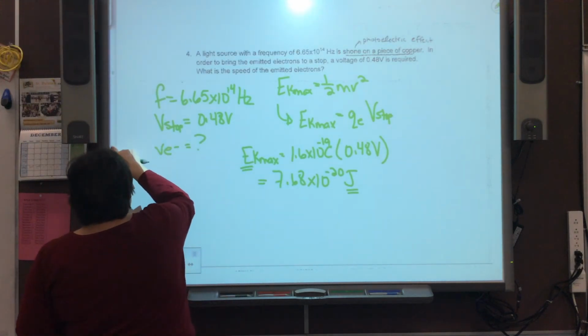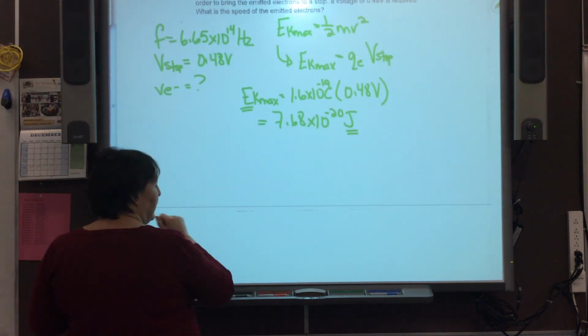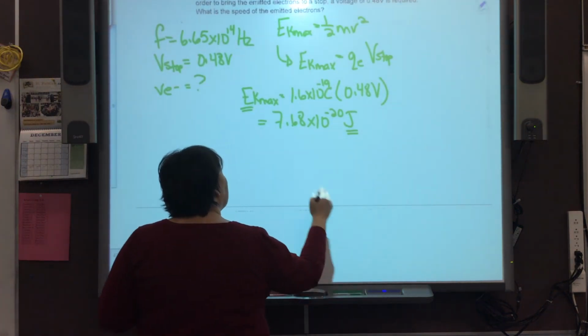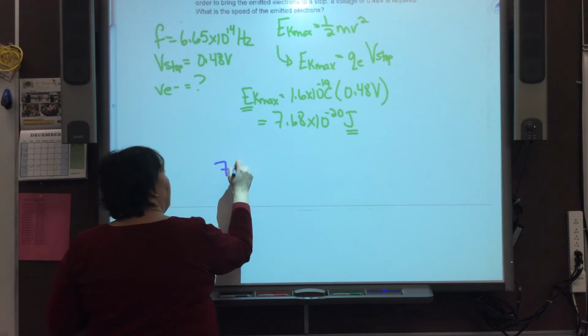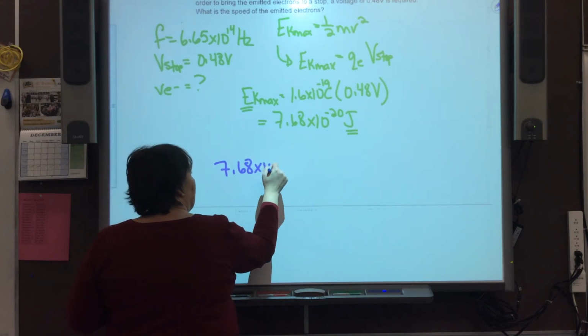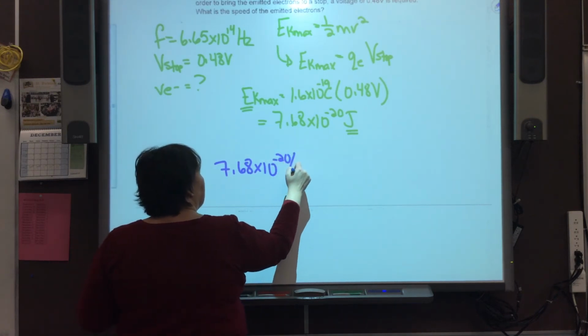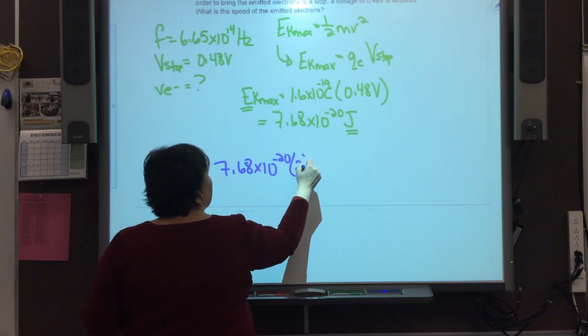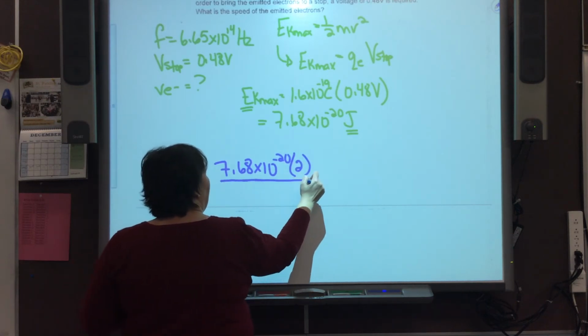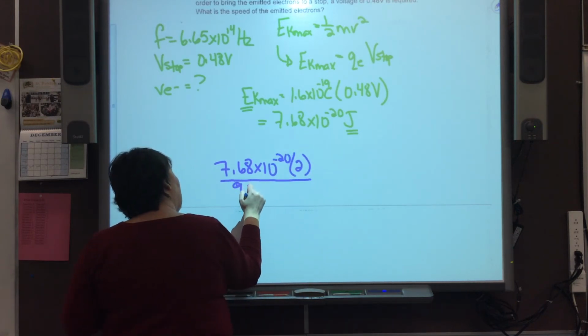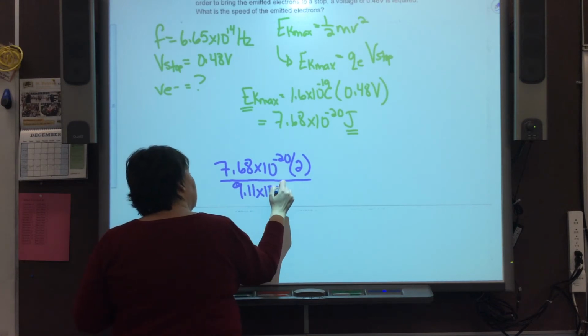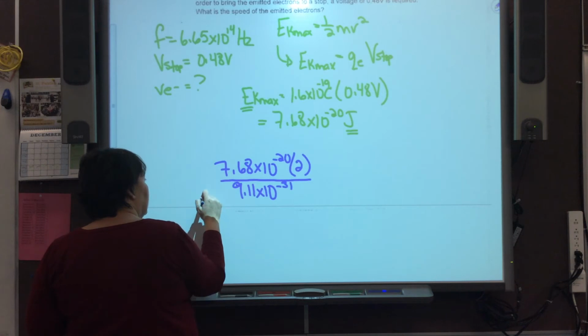And then we put it back into our original formula that gives us velocity. So we have 7.68 times 10 to the negative 20 times 2 divided by the mass, 9.11 times 10 to the negative 31 for our mass of an electron.